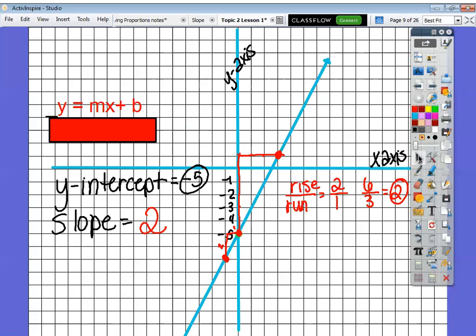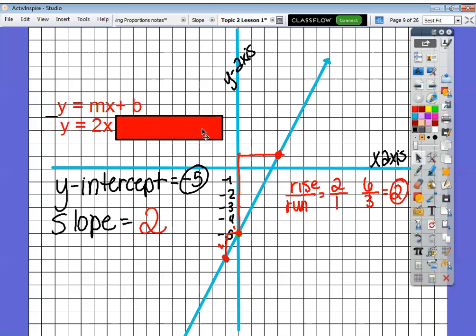So ready? Here we go. y equals, my m is the slope, so that's why I have a 2 there, x. Now this is where it gets a little tricky because normally it's plus the y-intercept. But look at my y-intercept.